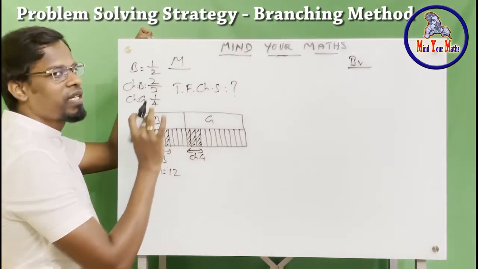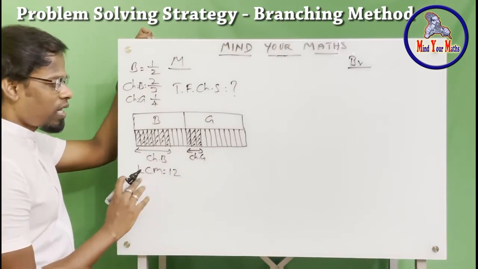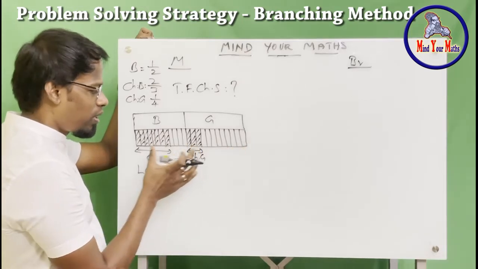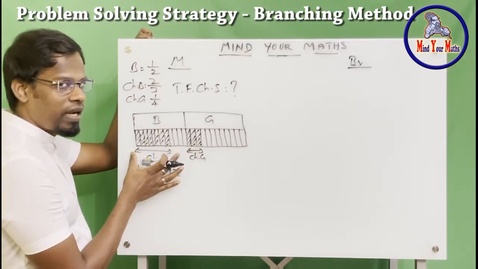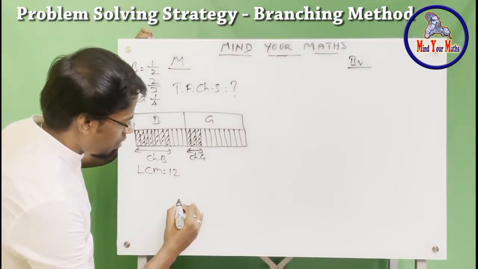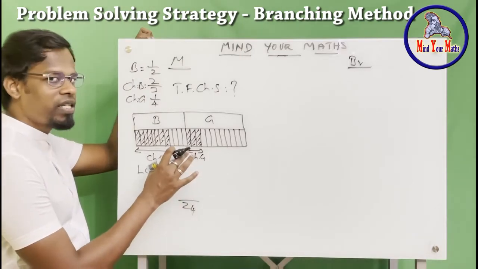Total fraction of the Chinese students, which means boys plus the girls, right? So now how many units do we have in total? This side we split into 12 and this side we split into 12 as well, right? So in total we have 24 units, and in that how many are Chinese?